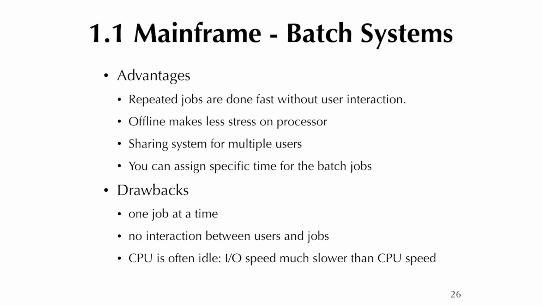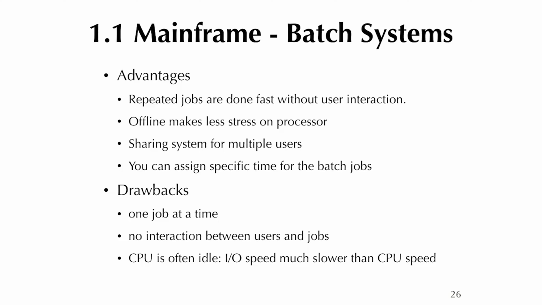Okay, so with these batch systems, you can do several jobs or repeated jobs fast without user interaction, and it's allowing you to share the system for multiple users at the same time, and you can even schedule them. So perhaps you can say, mine is less urgent, so schedule me later or at lower priority.